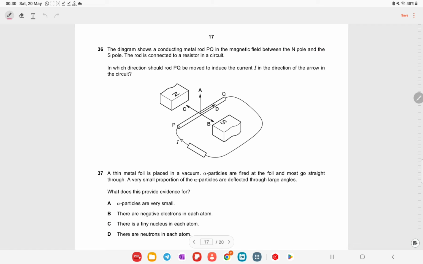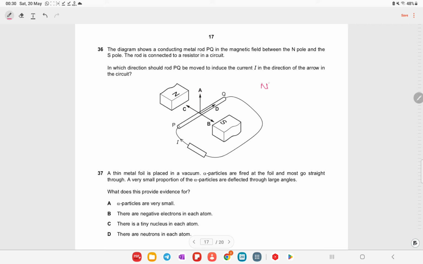The diagram shows a conducting metal rod PQ in the magnetic field between the N pole and the S pole. The rod is connected to a resistor in a circuit. In which direction should rod PQ be moved to induce the current I in the direction of the arrow in this circuit? Let me transform this diagram.